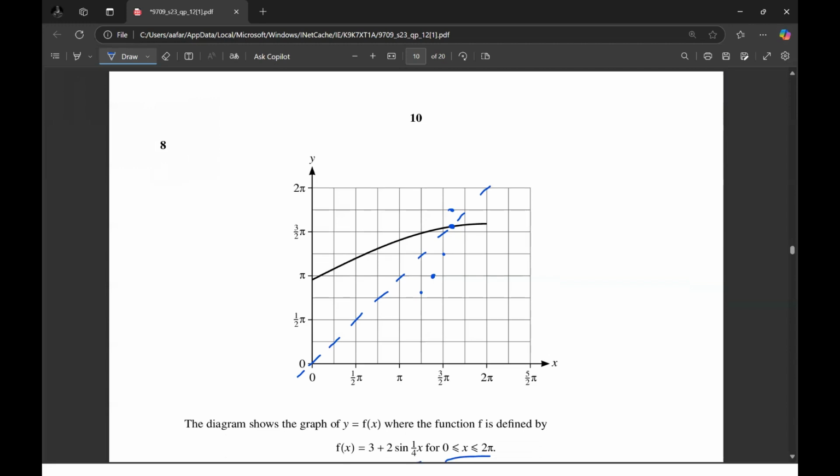Basically, this is the overall shape. The values are not so accurate, so we just make a rough sketch of how it would look. That's how the sketch of f inverse of x is going to look.